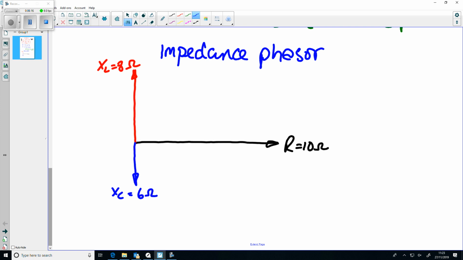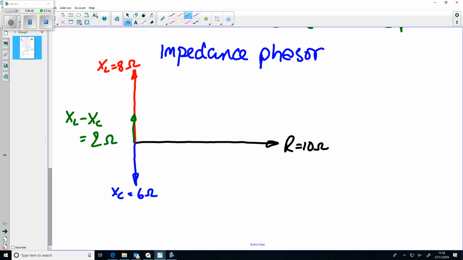Now, what we have here is a third quantity that is the difference between these two. That is XL minus XC, which is equal to 2 ohms.